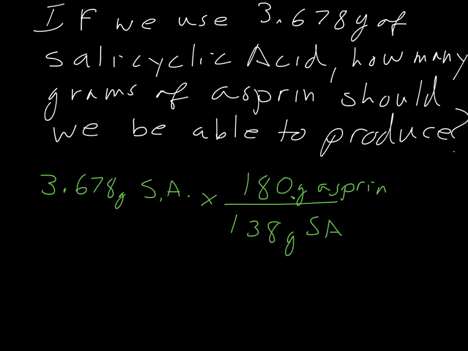So that's our ratio of aspirin to salicylic acid that we can use to solve the problem. Since our grams of salicylic acid are canceling out, the problem must be set up correctly. We punch that into our calculator, and we get 4.80 grams of aspirin.